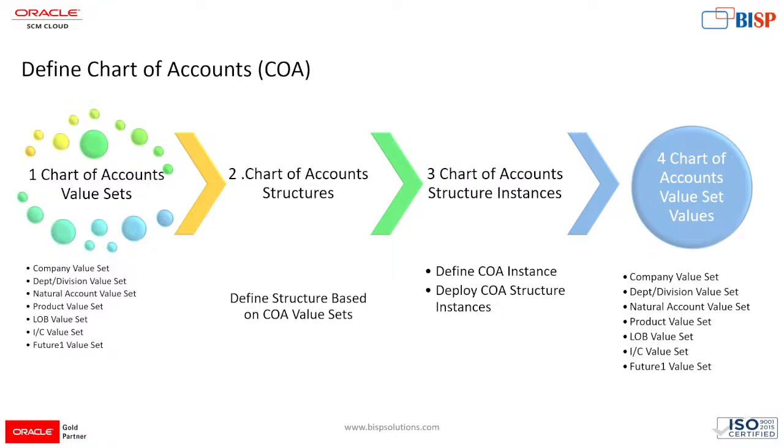Configuring a key flexfield is necessary to define the metadata related to the structure of segments, flexfield structure, and value sets. For each segment, the actual numbers are captured as a combination of segment values and stored in the combination table, which includes segment columns, a unique ID column, and the structure instance number column.